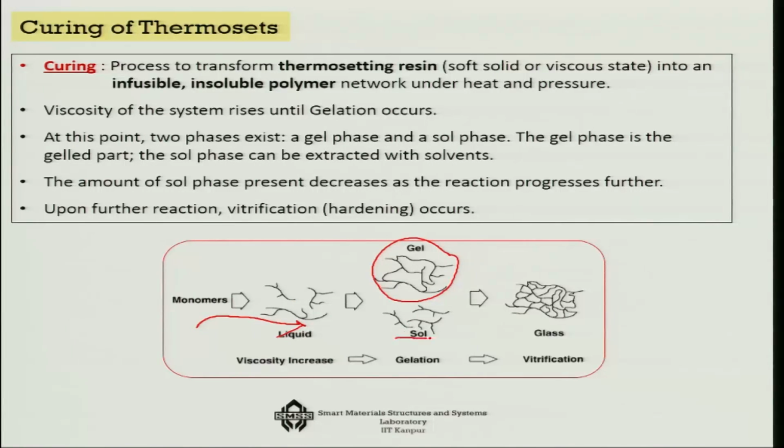So some are branched, some are already chemically linked. So there is a sol and a gel phase, and from there the amorphous glassy phase will start as you increase the addition of heat and sometimes pressure. The gelation, the vitrification will start, and you will get a fully cured thermoset.